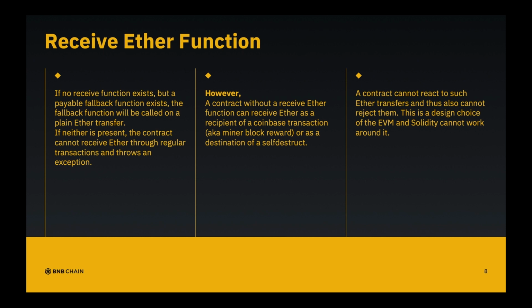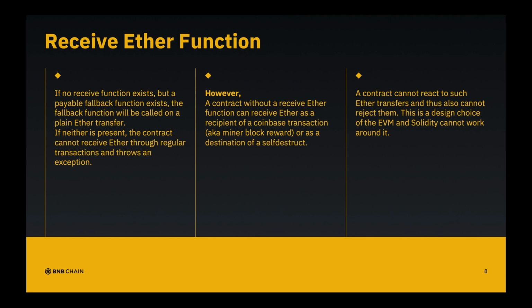Note that if no receive function exists, but a payable fallback function exists, then if you send ether directly, on a plain ether transfer, you will execute the fallback function. If none of them is present, the contract cannot receive ether through a regular transaction, and it will throw an exception.